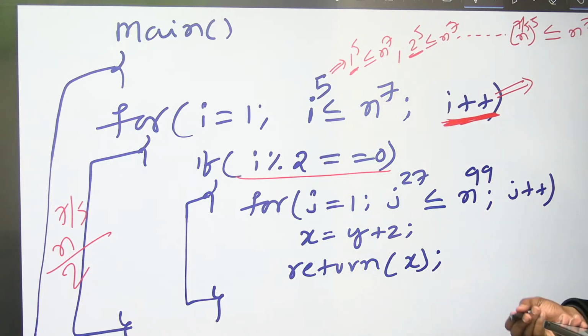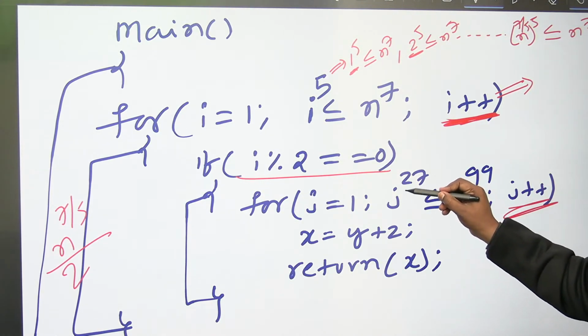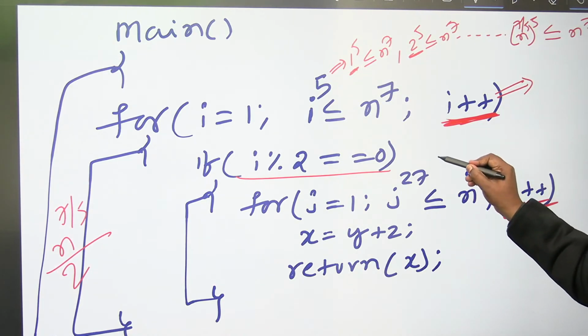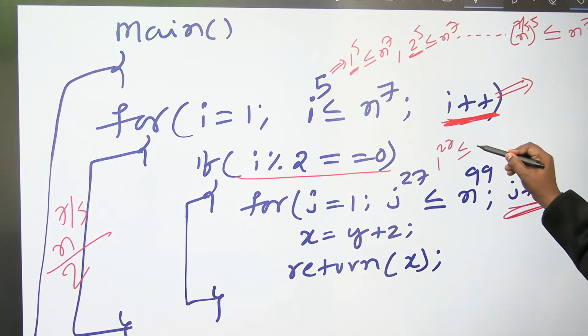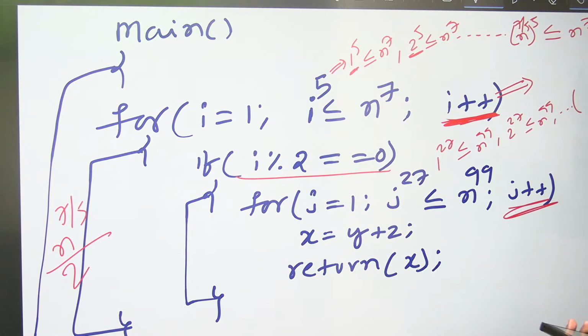Let's see how many times the j loop runs. Same story. j is always incrementing by 1, but at condition checking time, j power 27 less than or equal to n power 99. 1 power 27 less than or equal to n power 99. Same way, 2 power 27 less than or equal to n power 99. It will continue. Some number whole power 27 is equal to n power 99.